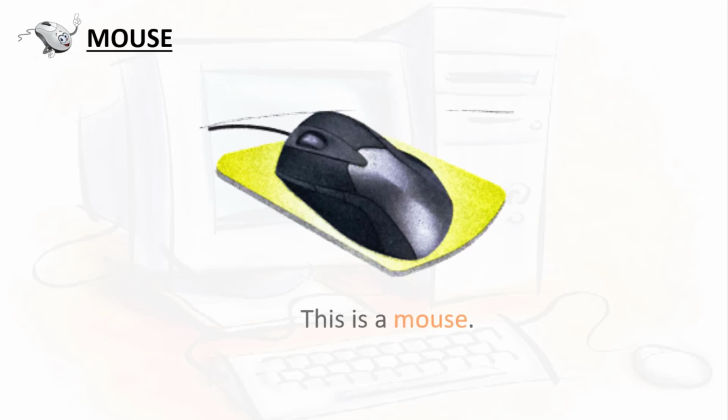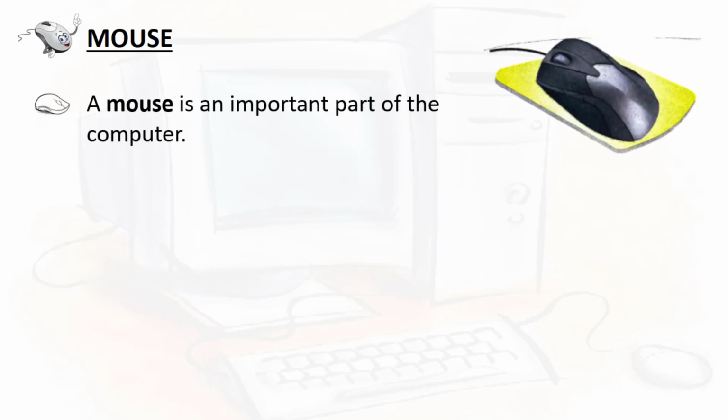Yes, this is a mouse, or we can say a computer mouse. A mouse is an important part of the computer. The computer consists of four main parts: CPU, monitor, keyboard and mouse. So we can say that a mouse is an important part of the computer system.